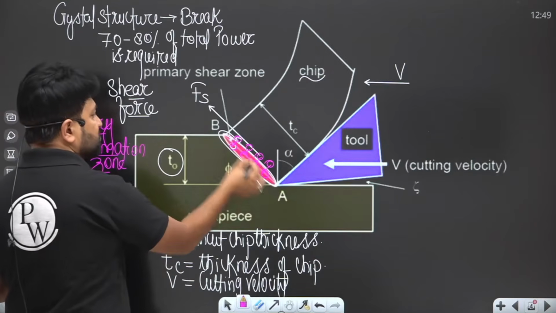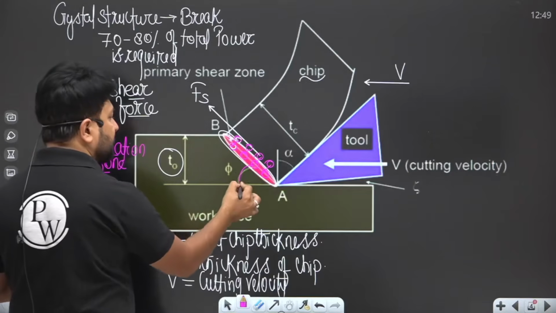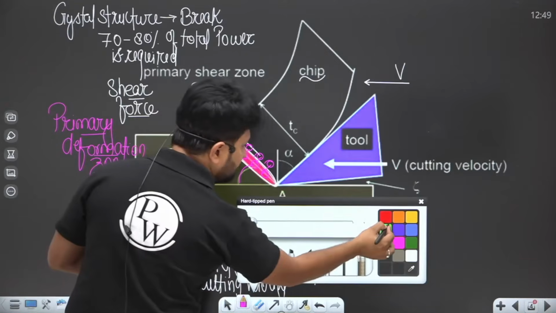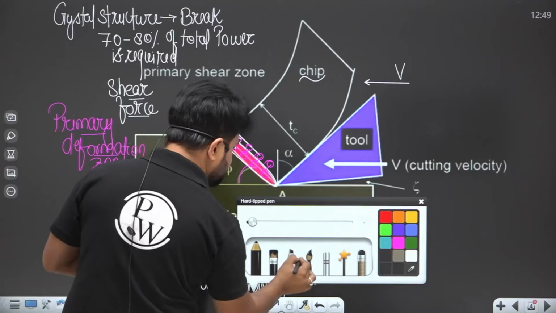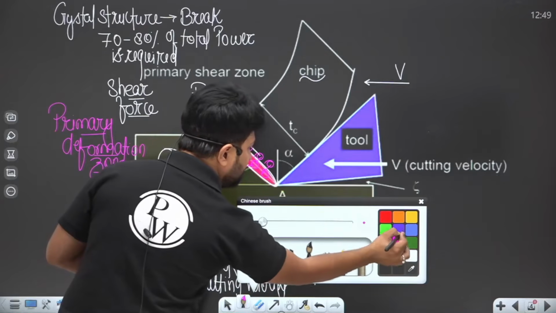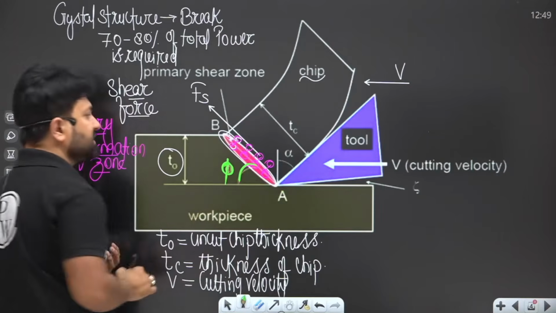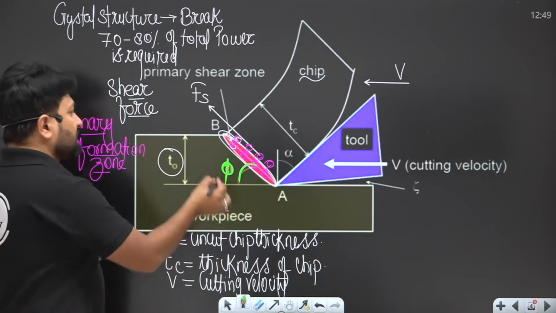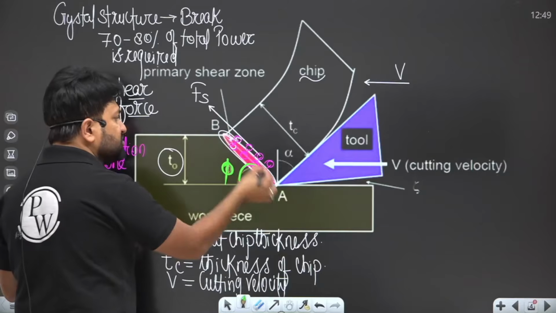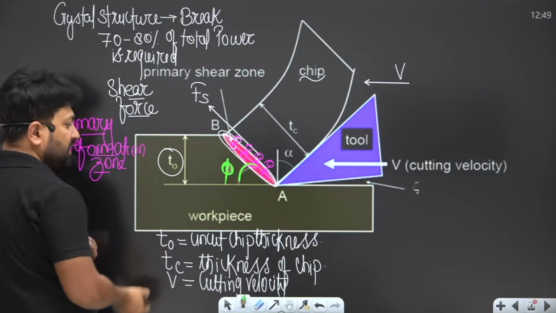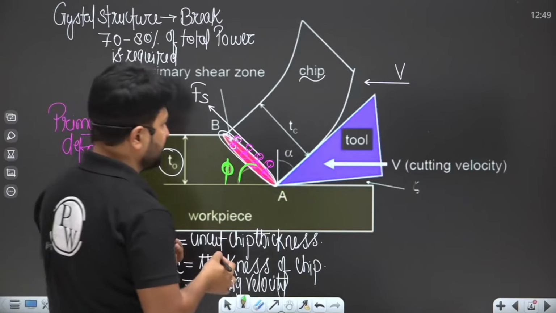So AB is a shear plane which makes an angle phi here. Phi is the shear angle, the angle made by the shear plane from the horizontal axis.